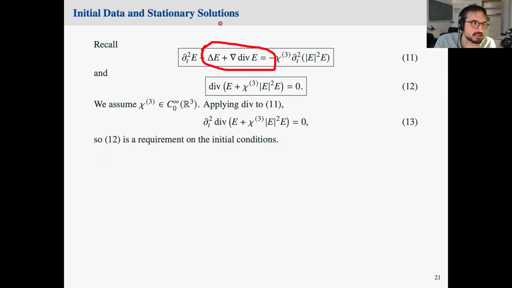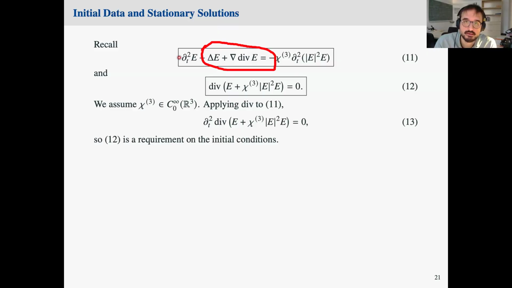And here, it's kind of important that we're using a constant coefficient model. I think, in principle, one could try to study a non-constant coefficient model, but that would be more complicated, also partly because of this.